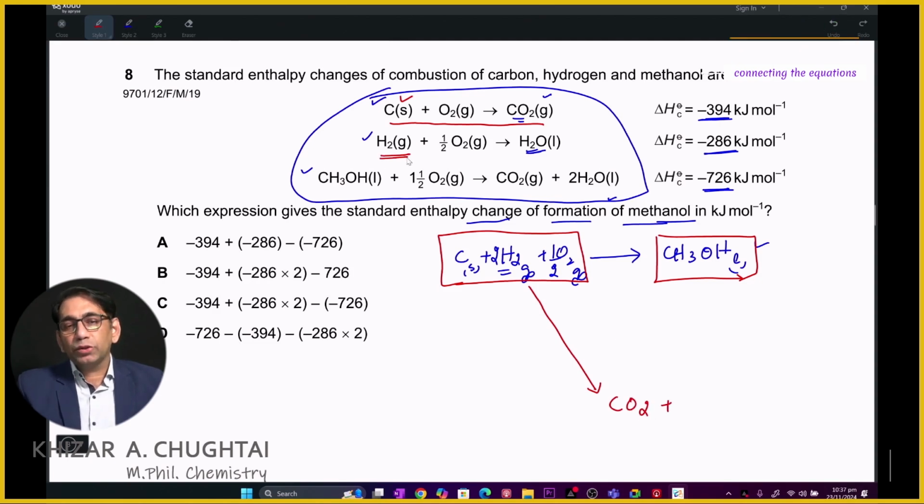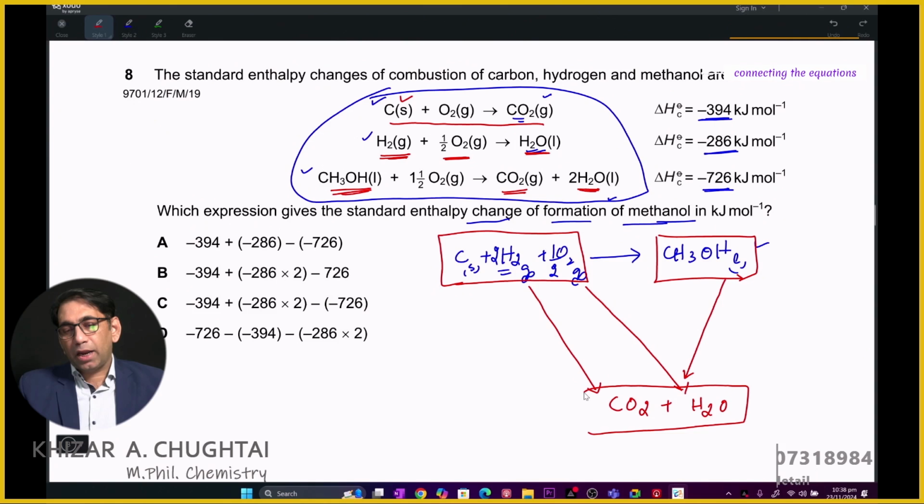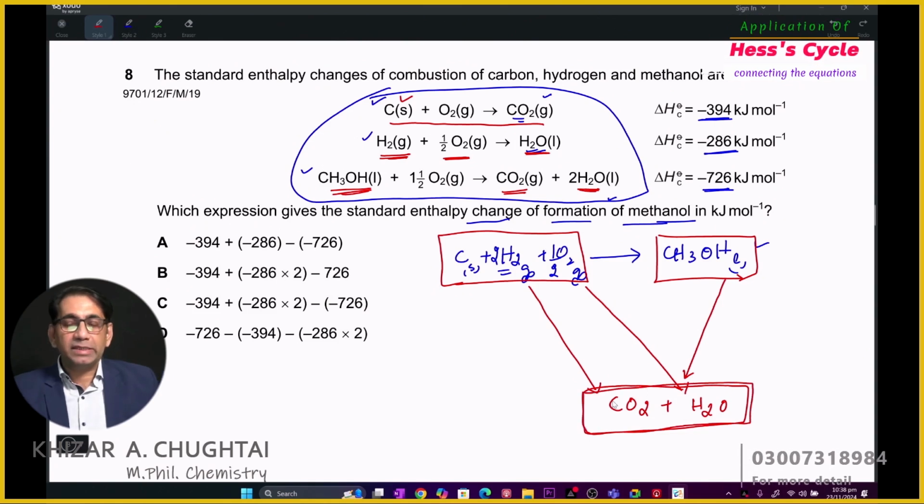Come towards hydrogen. This hydrogen is going to meet with oxygen to make liquid H2O. Hydrogen plus oxygen to make H2O. And the last one, when this methanol is combusted, it's going to make CO2 and H2O. So this methanol is also going to make the same species, and I'm going to collect them in a single box.